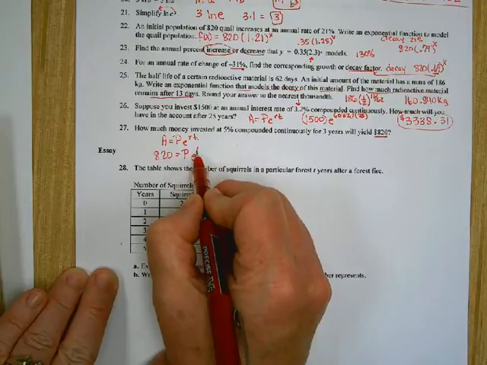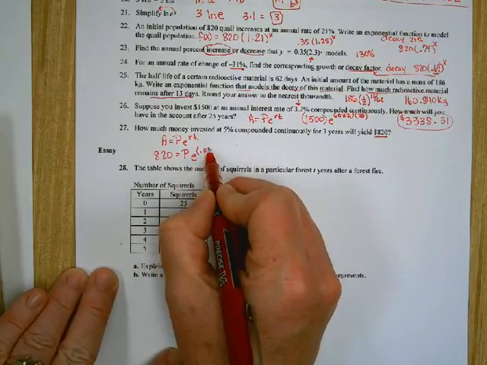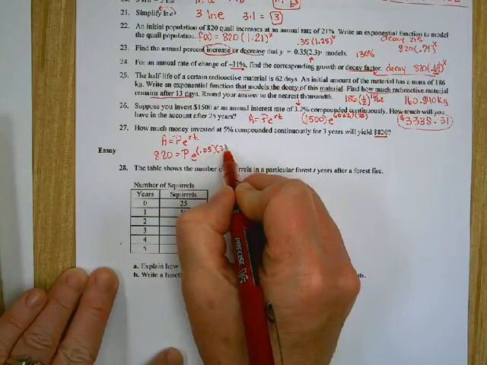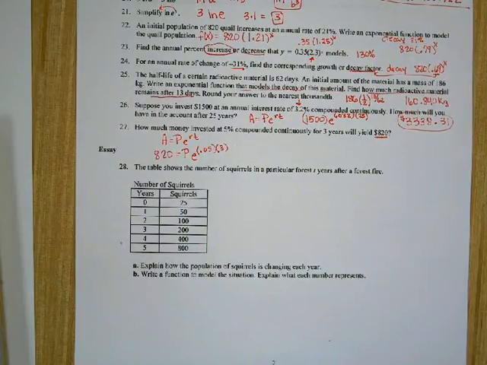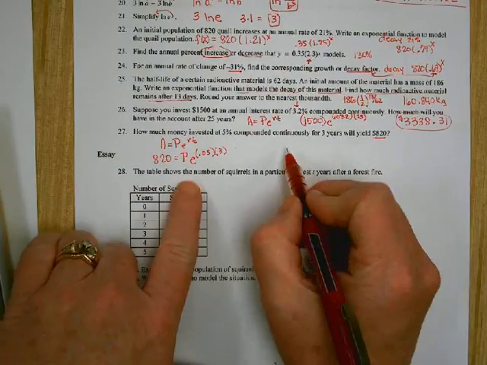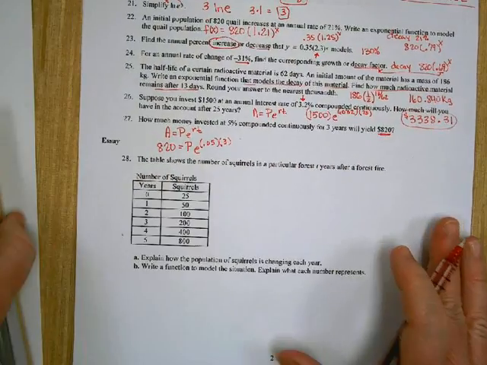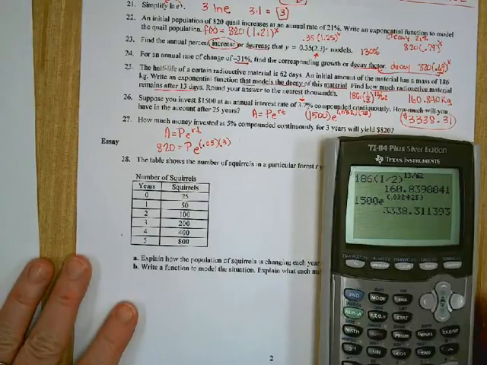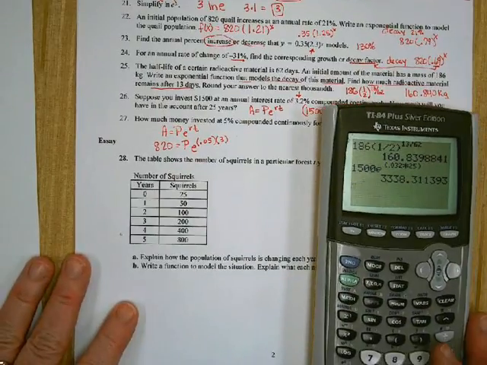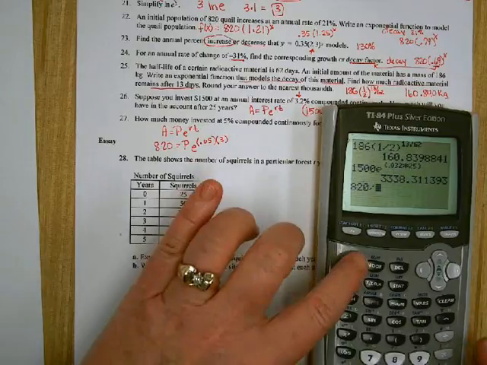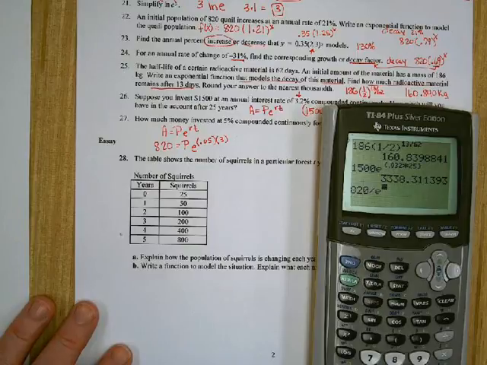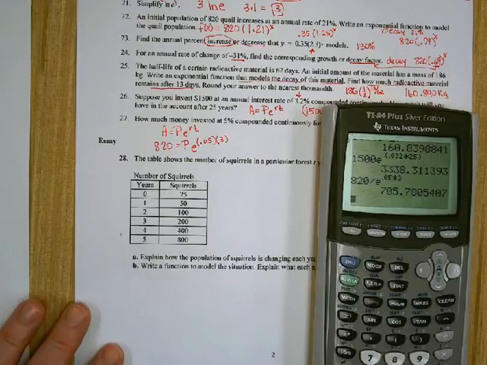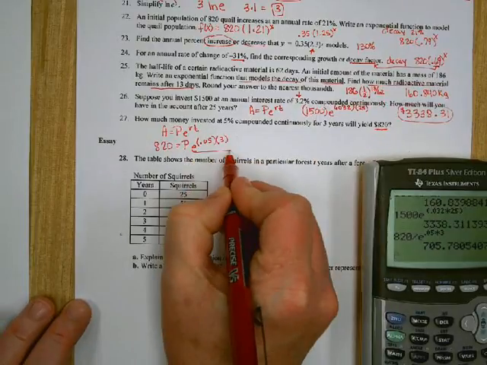So what do you think we ought to do here? $820 divided by e to the power of 0.05 times 3. You just divide both sides by e to the 0.05 times 3. And P is equal to $705.78.